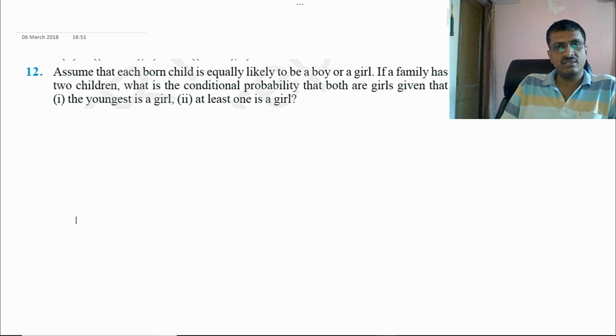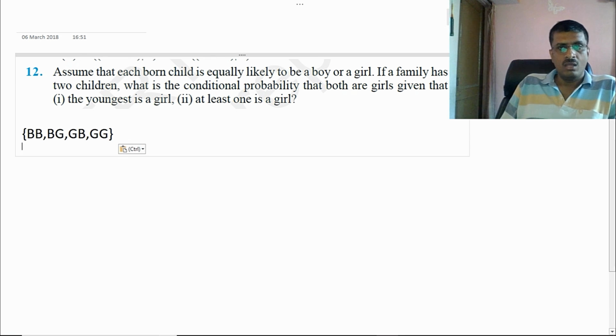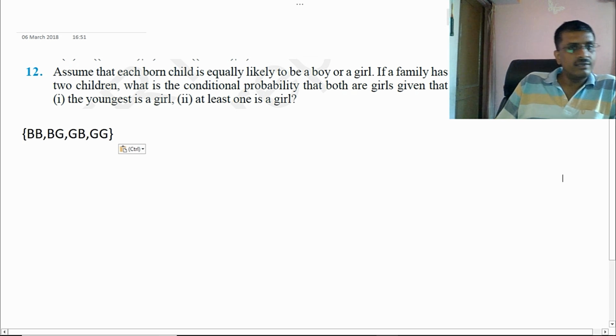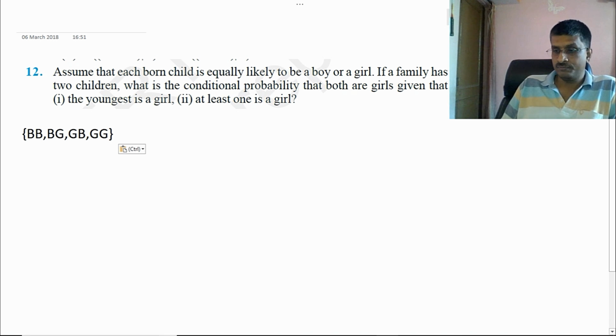In the first case, it is given that the youngest child is a girl. Now I'll write the sample space for you again. You can have both the children in the family as boys. The first child is a boy, second child is a girl. Or first child is a girl, second child is a boy. Or maybe both are girls, right?